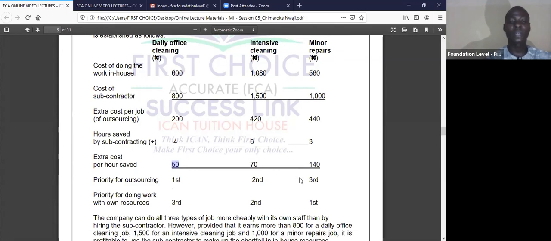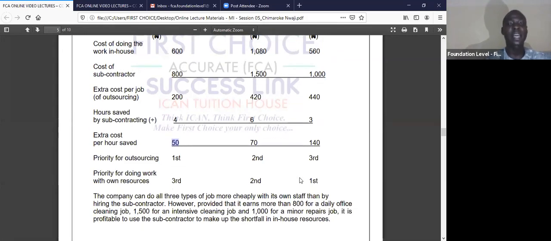Now, look at the comment here. The company can do all the 3 types of job more cheaply with its own staff than by hiring. You see, they can save cost here. Look at all the cost they can save by doing them.